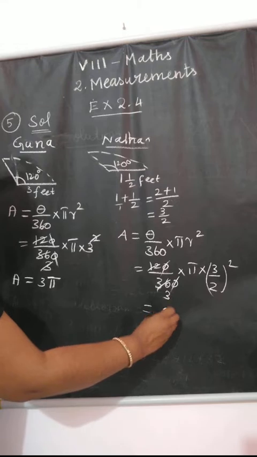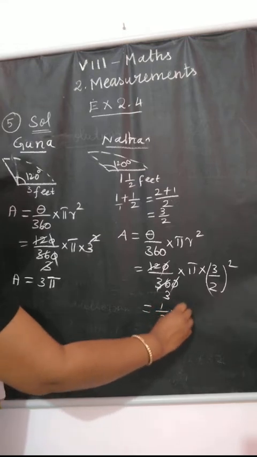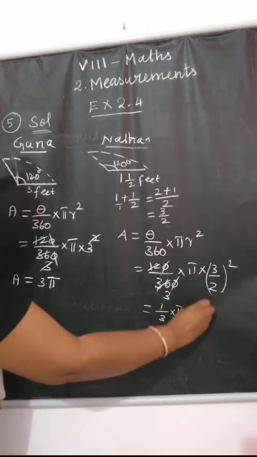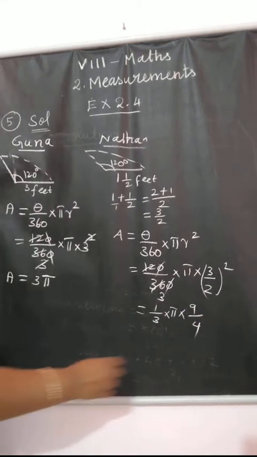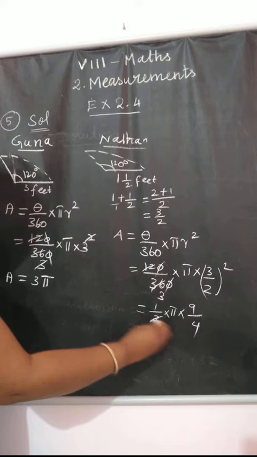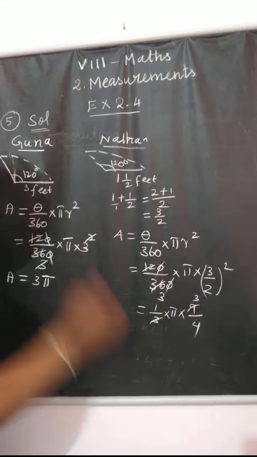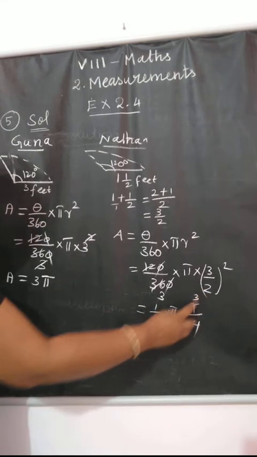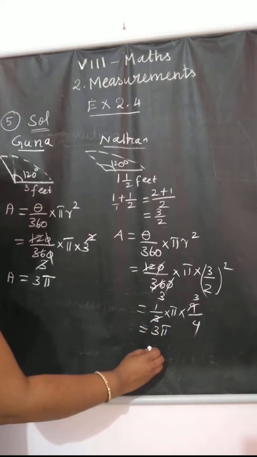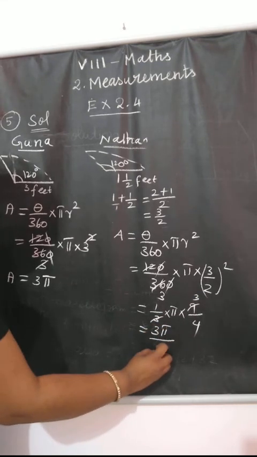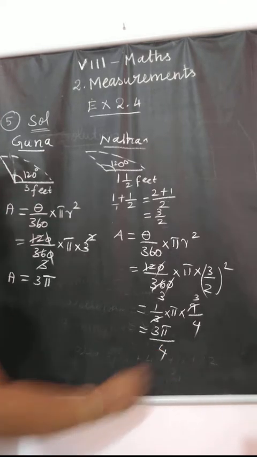So we get 1/3 into pi into, now multiplying, 3 threes are 9, 2 twos are 4, so 9/4. Now I am going to cancel. 3 ones are 3, 3 threes are 9. So the answer is 3 pi by 4.